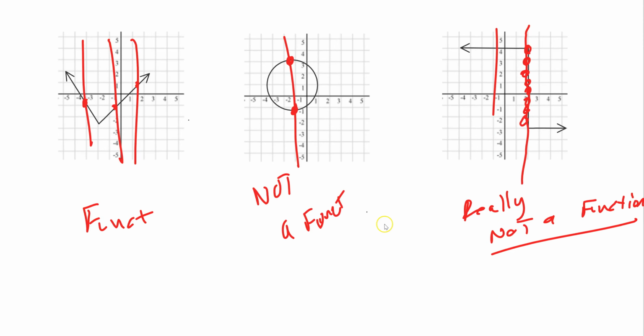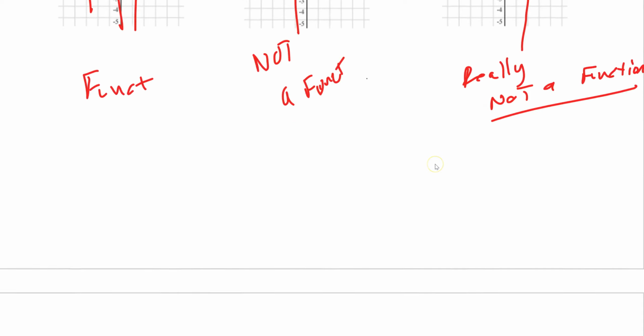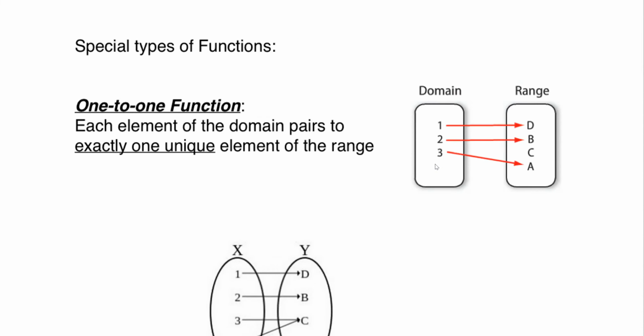Now that we know what a function is, let's talk about some special types of functions. 2 in particular. So the first one's called a one-to-one function. And this is exactly what it sounds like. The definition is each element of the domain pairs to exactly one element of the range. All this means is, kind of like the domain, in this case, both the x and y values are unique.